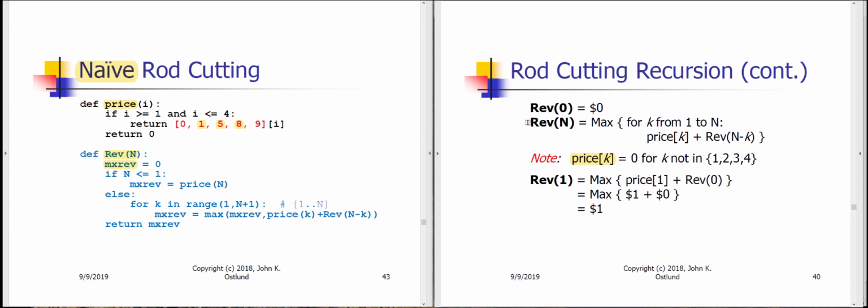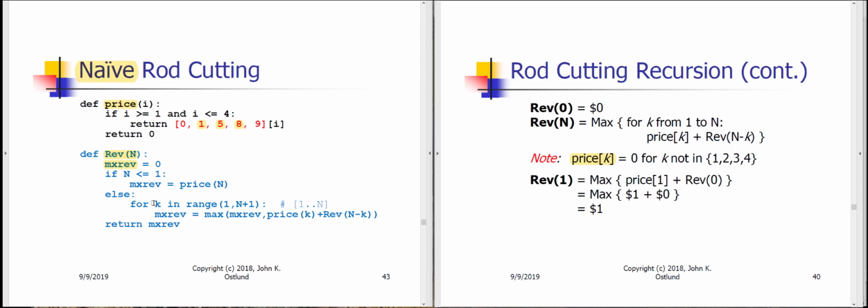Okay, so rev n is going to be $0 if n, the length of rebar we get from our supplier, is 0 feet. On the other hand, if n is 1 foot, we know that the maximum revenue we can possibly get is just the price of 1 foot. We only need to worry about looping if n is at least 2.